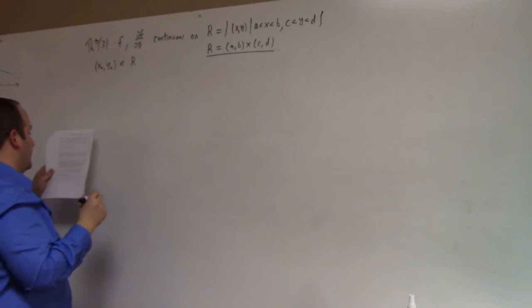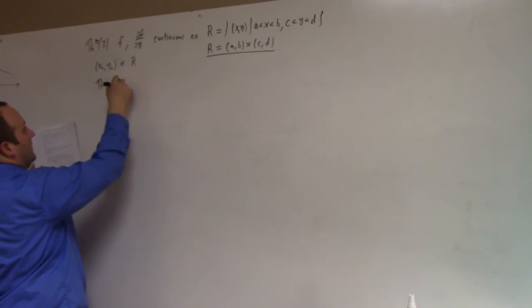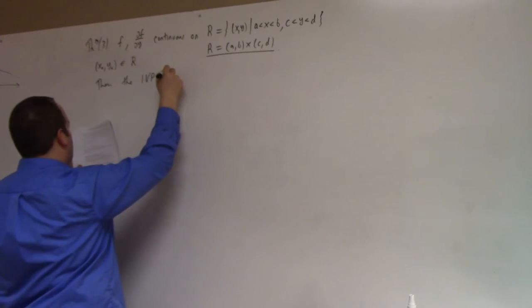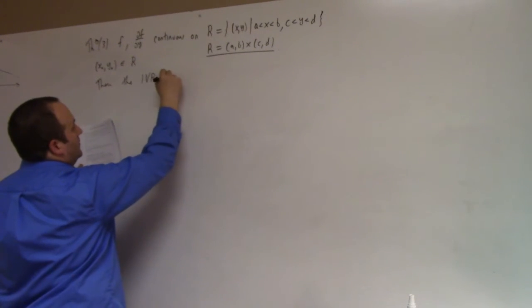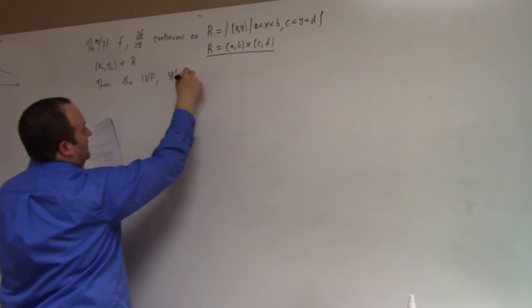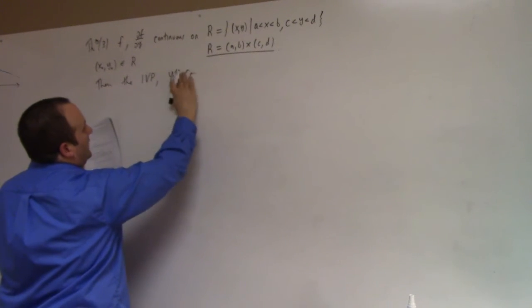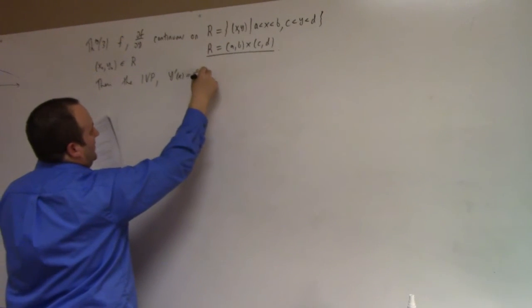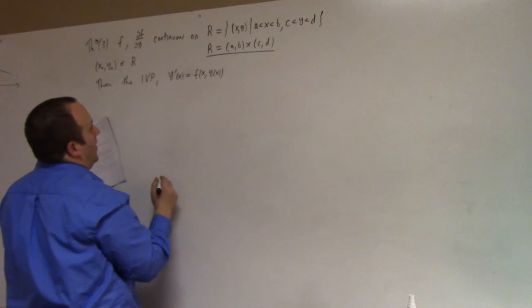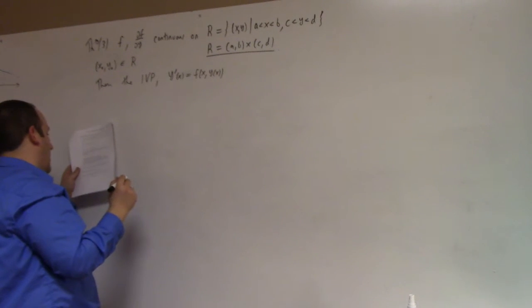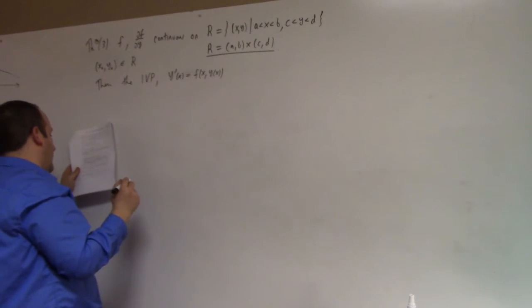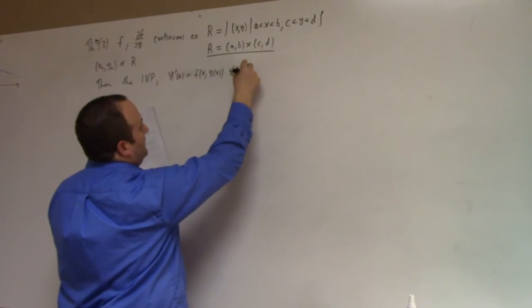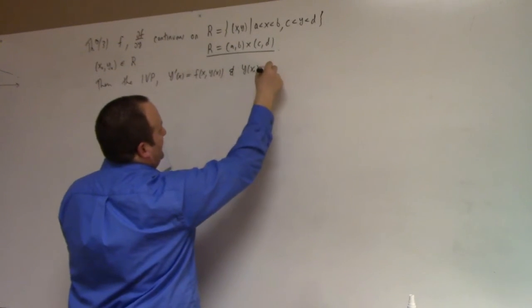Then the initial value problem, which I wrote on the other board, is y prime of x equals f of x comma y of x, and y of x naught equals y naught.